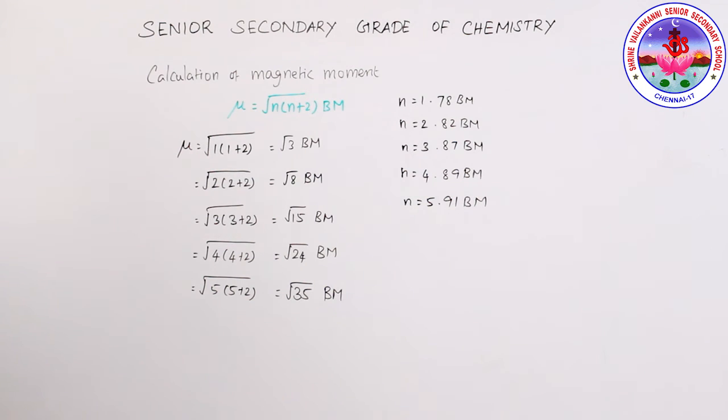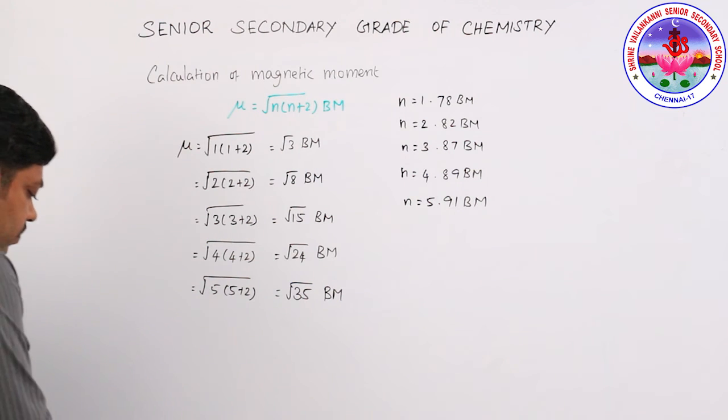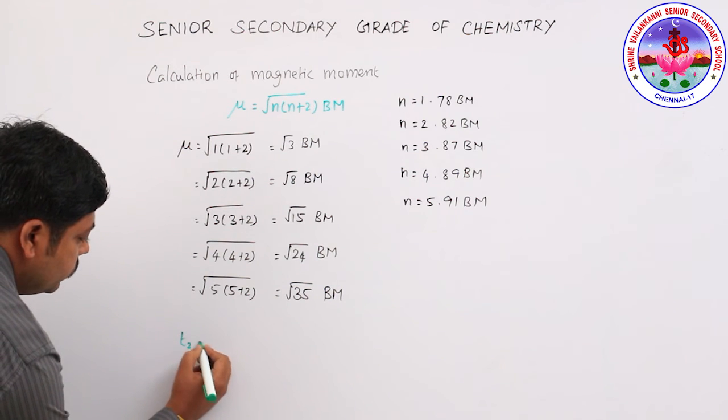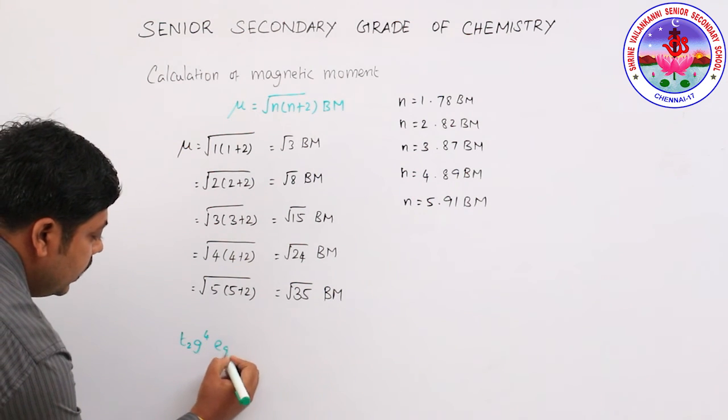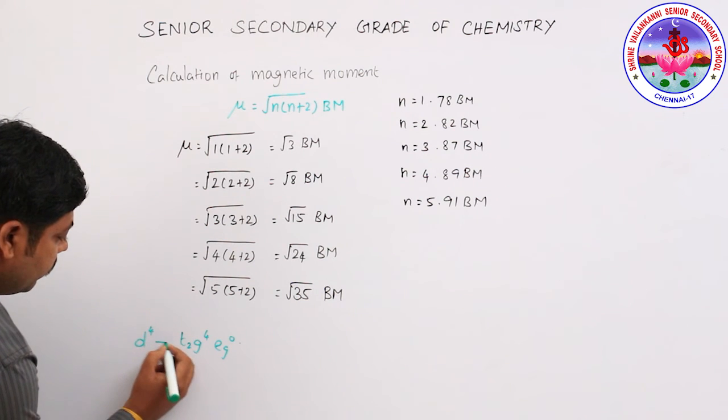See, I will take one compound as an example, with electronic configuration T2G4 EG0. This is for the D4 system.